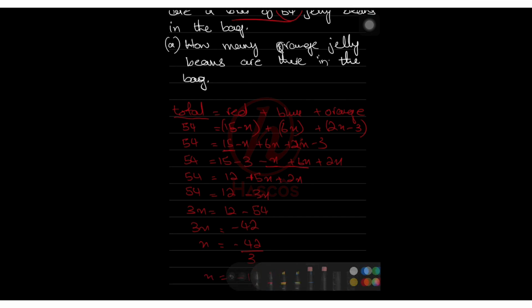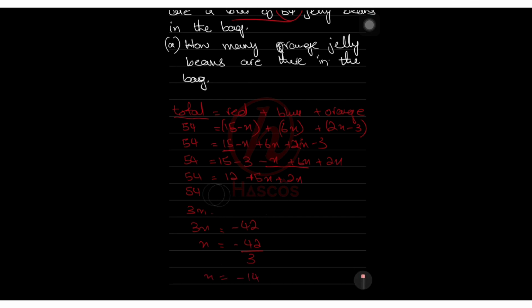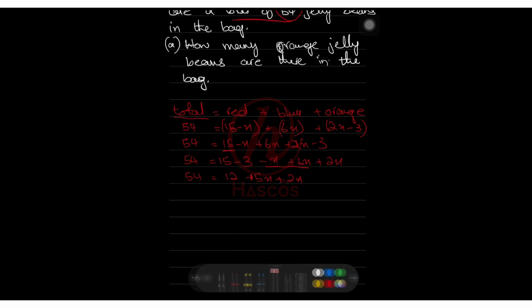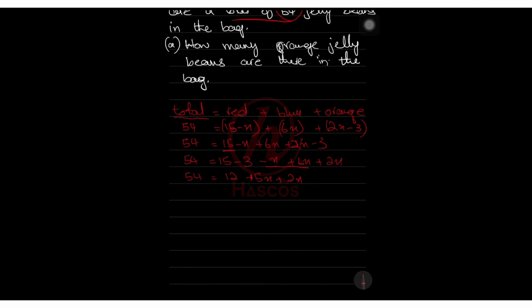Let me fix the silly mistake. Alright, so minus x plus 6x is a plus 5x, so 54 is equals to 12 plus 7x. 7x is equals to 54 minus 12. 7x is equals to 42. X is equals to 42 divided by 7. X is equals to 6.